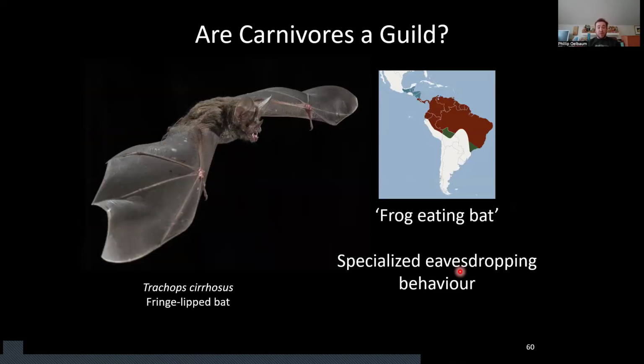Trachops, the fringe-lipped bat, or more commonly thought of by their moniker, the frog-eating bat, because they have this specialized eavesdropping behavior on Tungara frogs. But this is perhaps just part of the range, or some populations do this.